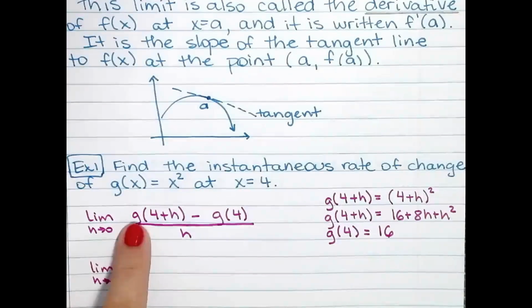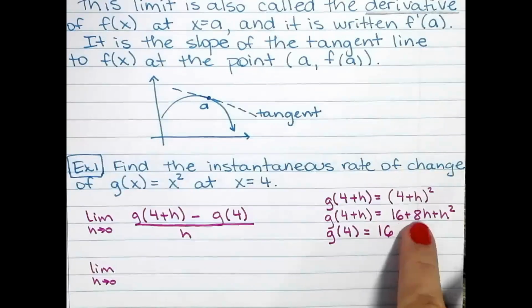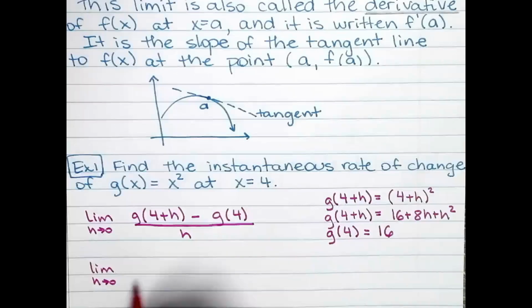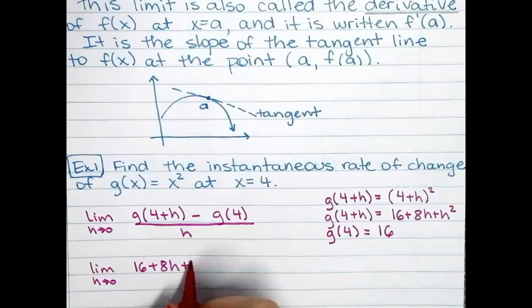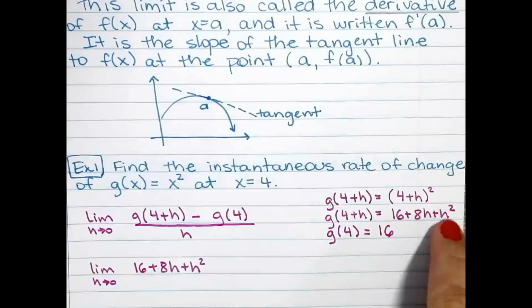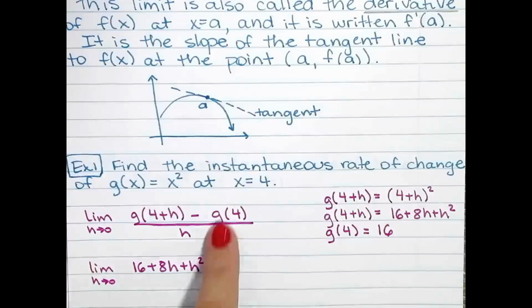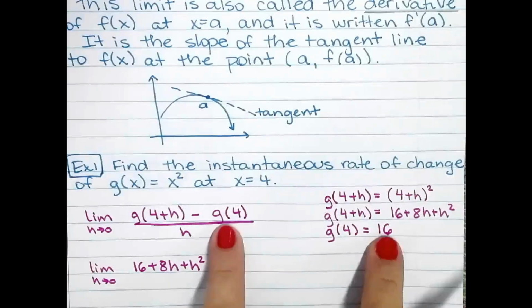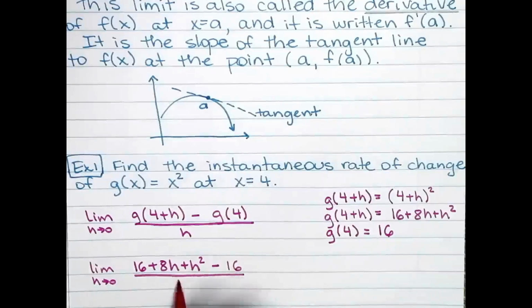I know g of 4 plus h, I have it right there, 16 plus 8h plus h squared. If you want to reorganize this from greatest exponent to least, go for it, but you don't have to. Minus g of 4, which is 16, everything over h.